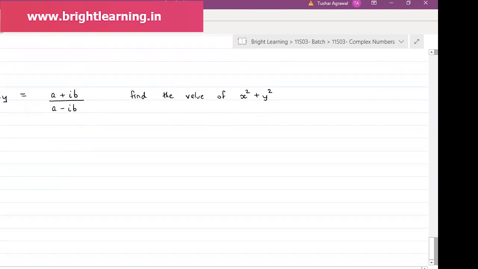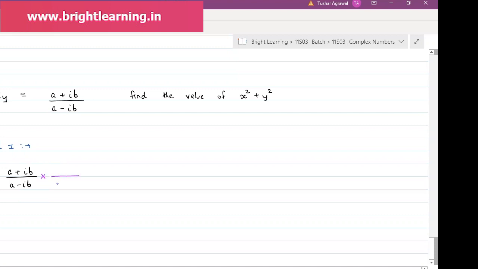That is the traditional method that most of you use. We have x plus i times y equal to a plus ib divided by a minus ib, and to calculate x and y we are trying to convert this division into the standard form: real part plus i times imaginary part.